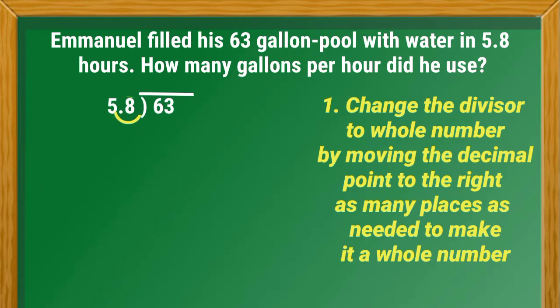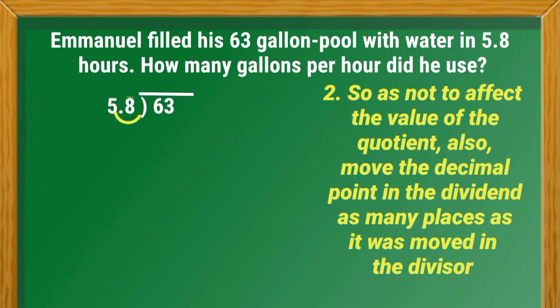How many times do we need to move the decimal point? We only need to move once. What we did in our divisor will be done also in our dividend. Our dividend is a whole number, so the decimal point is right after the last digit, which is the digit 3.